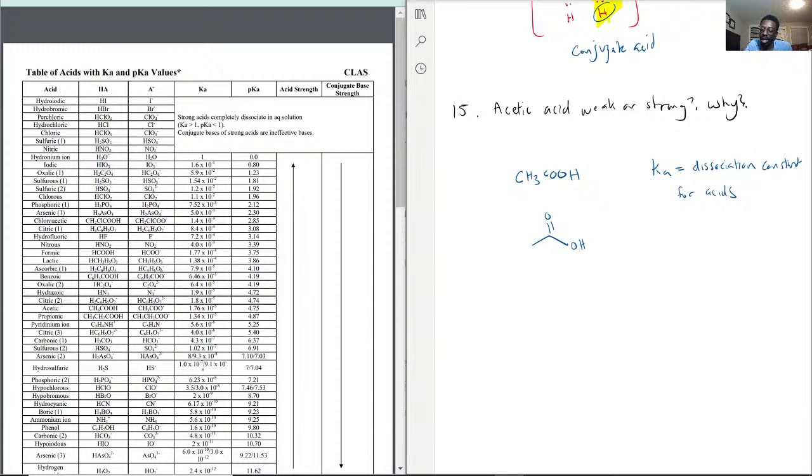So what does dissociation constant even mean? It means when it's put in a solution, how much of it actually dissociates, for example with acetic acid, how much of it forms this and that. This right here is what the dissociation constant is doing. So in fact, if I were to write down the whole equation, it would look like this.